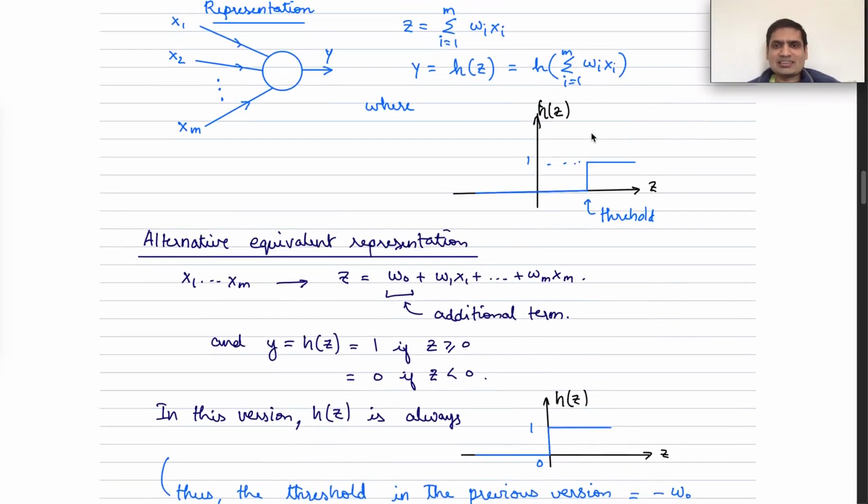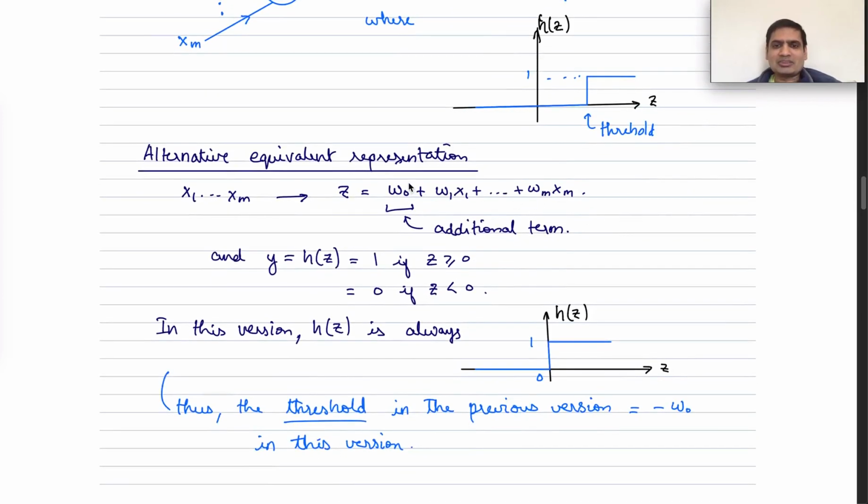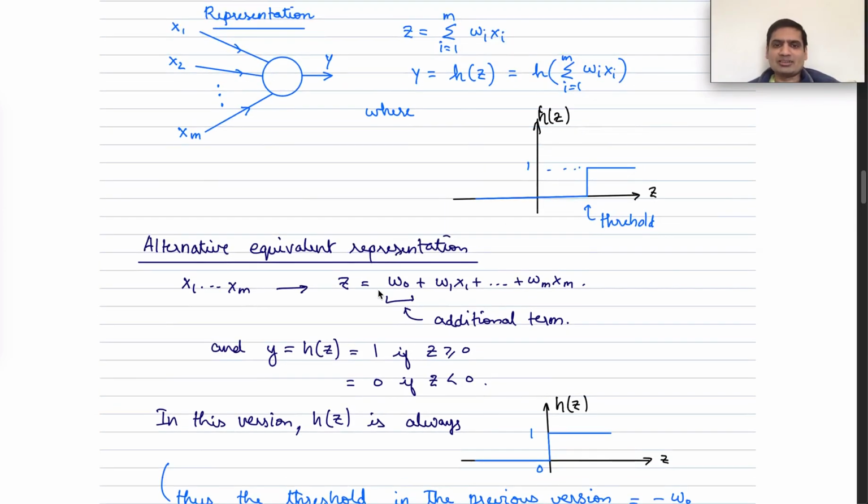So what we've essentially done is taken this threshold and stuck it into this linear expression. So the threshold is actually minus w naught. This whole thing will exceed 0 when this part exceeds minus w naught.